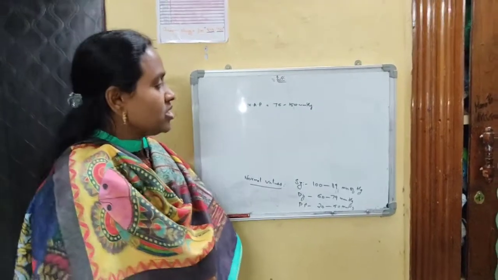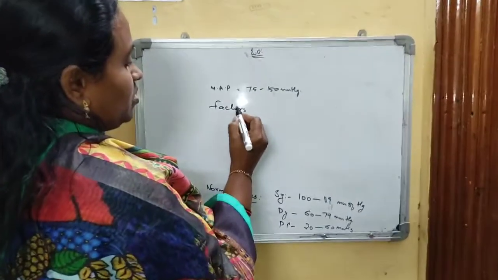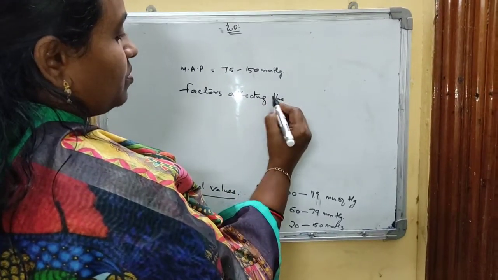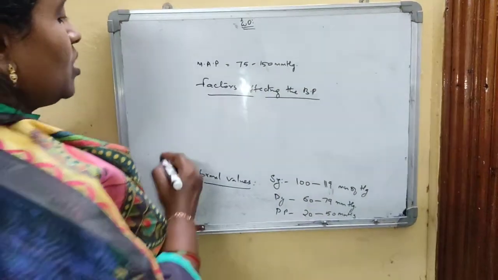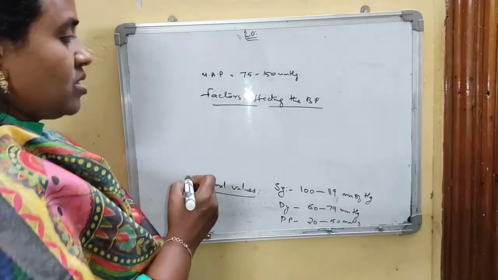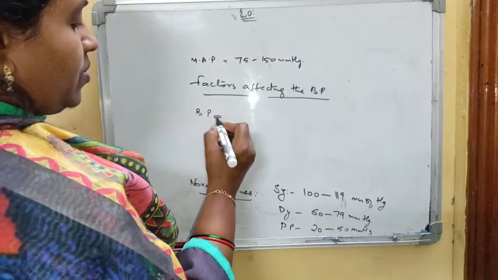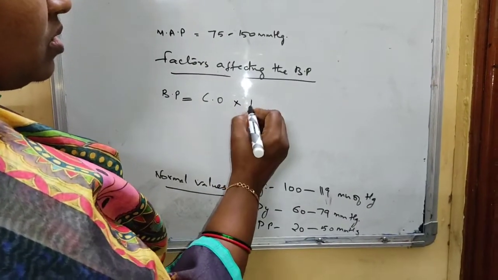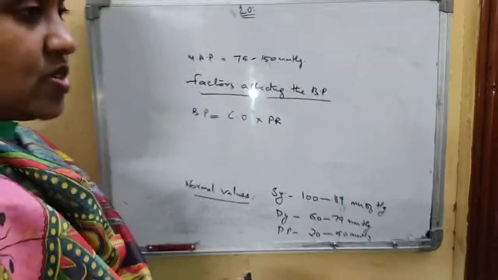Now the factors affecting the blood pressure. Here the blood pressure mainly depends on cardiac output and peripheral resistance.